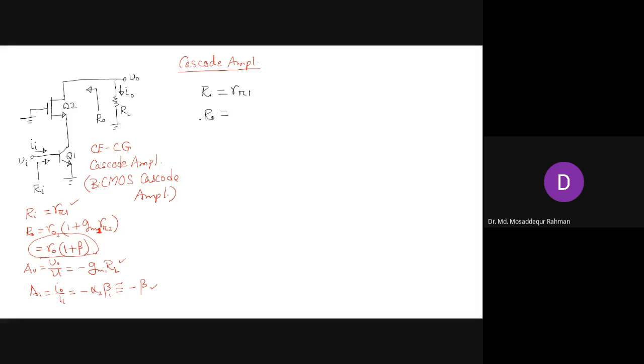So what can we write for the output resistance? Any idea?